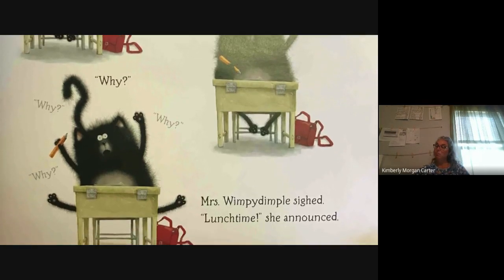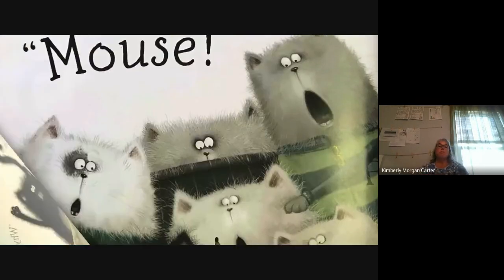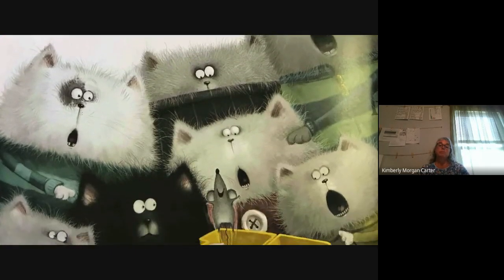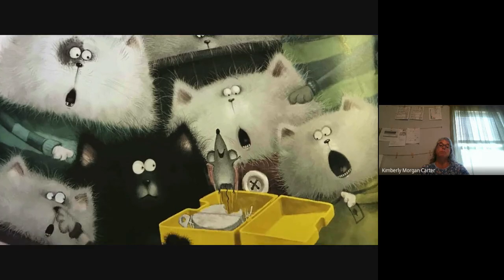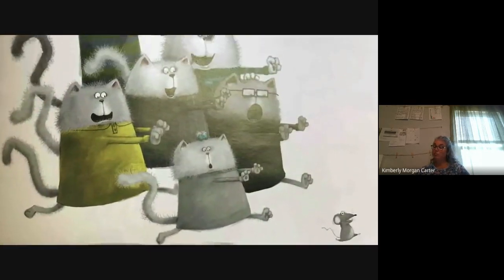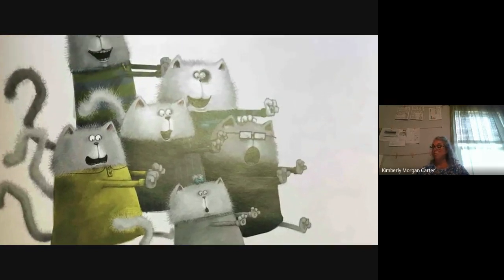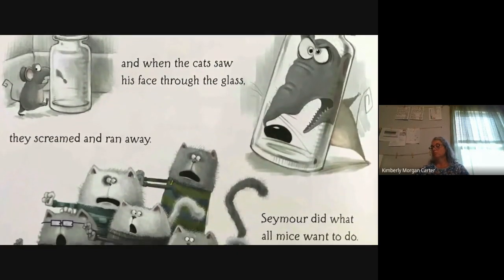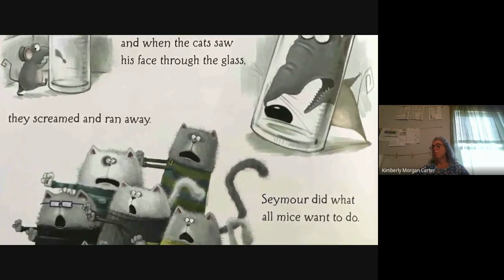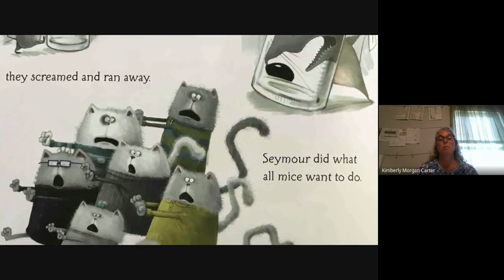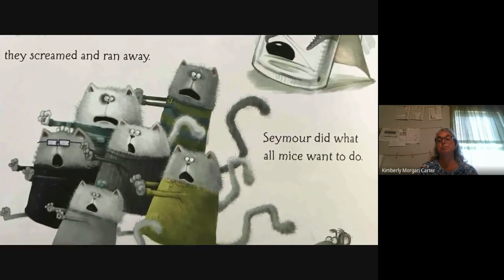Lunchtime, she announced. Splat opened his lunchbox. Mouse! The cats did what cats do. Seymour hid behind a glass bottle, and when the cats saw his face through the glass, they screamed and ran away.